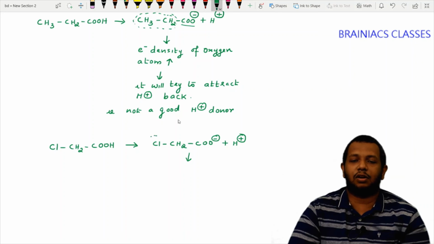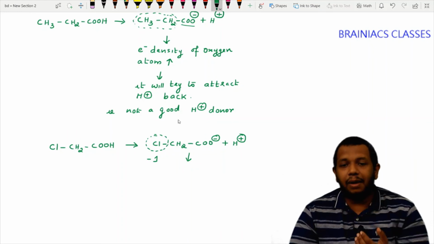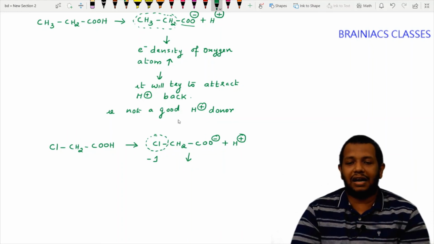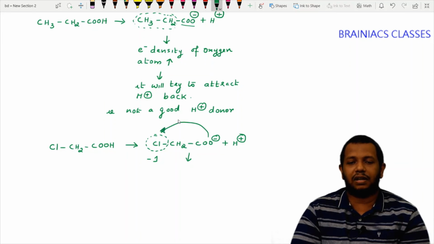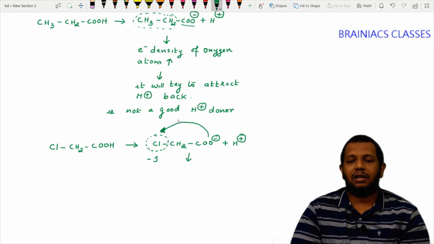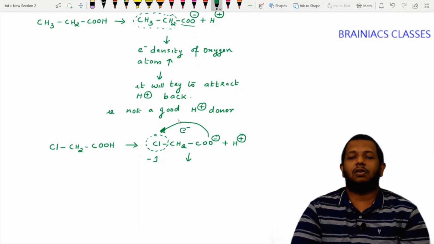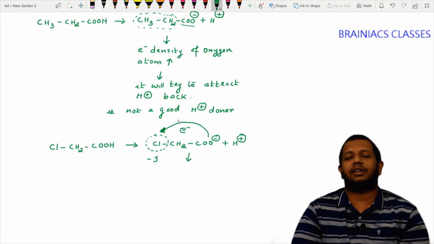I know that chlorine has a minus I effect, which means it will attract the electrons towards the chlorine atom. Correct? So electrons will come towards the chlorine atom.